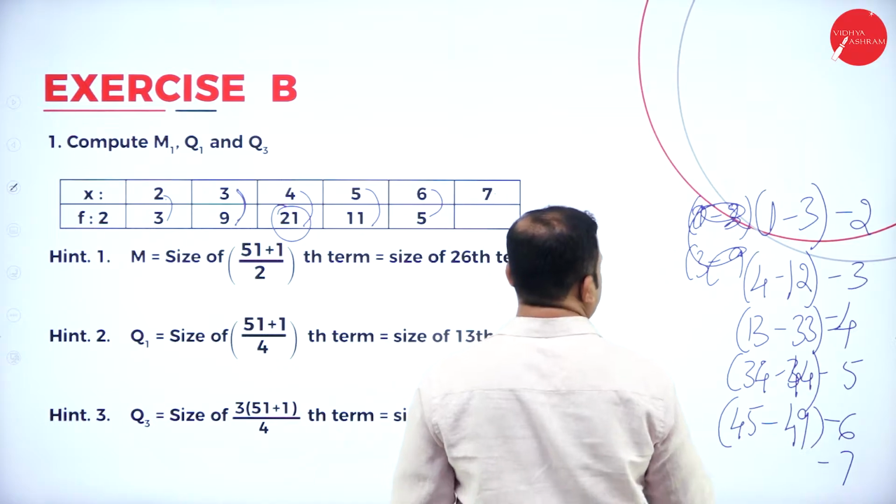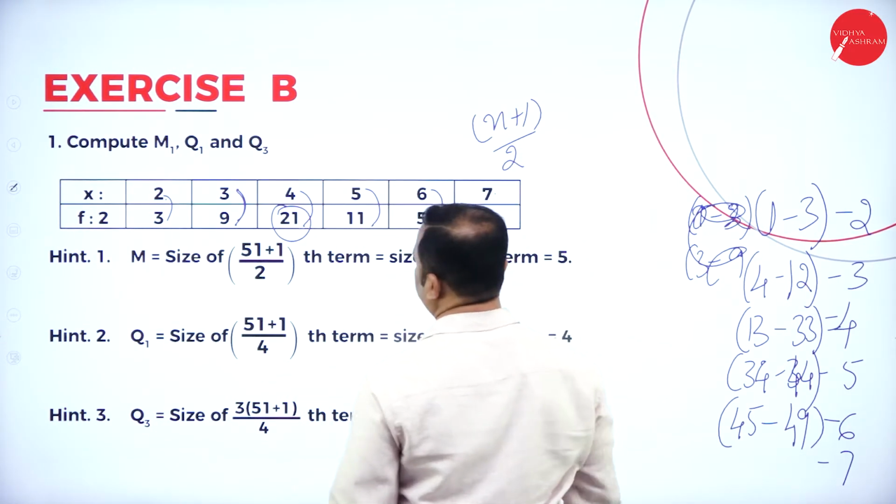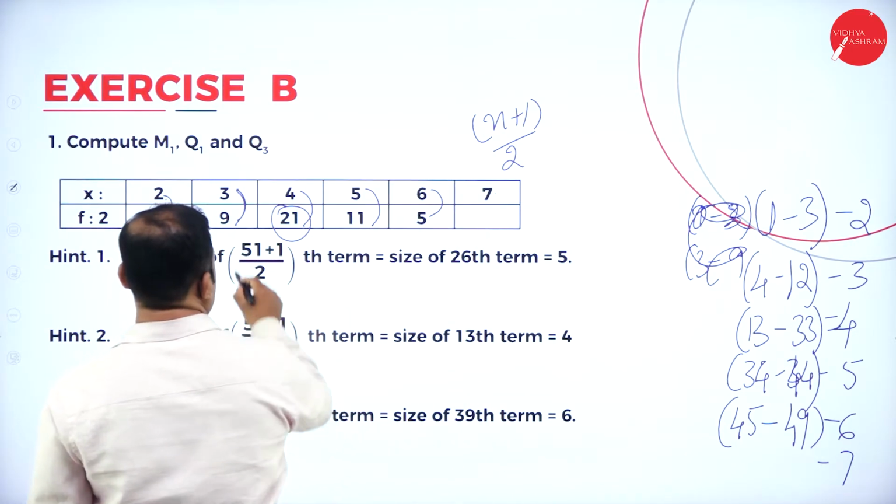If that is the case, the median of this is considered as (n plus 1) by 2. What is the value of n here? The total number of items here, that is 50.